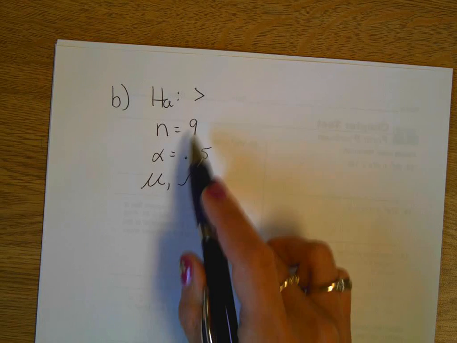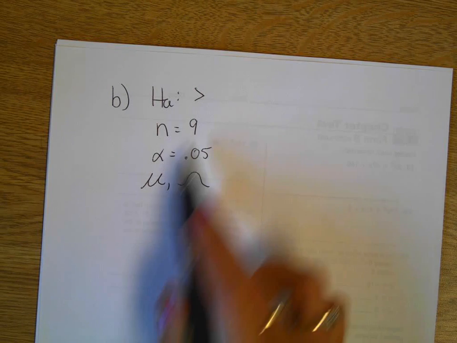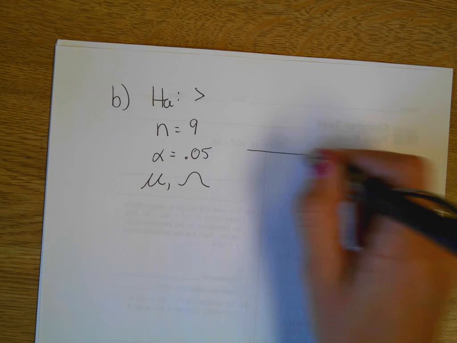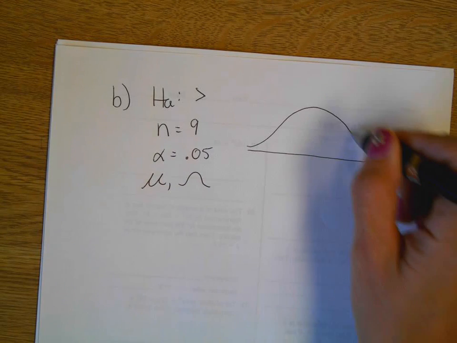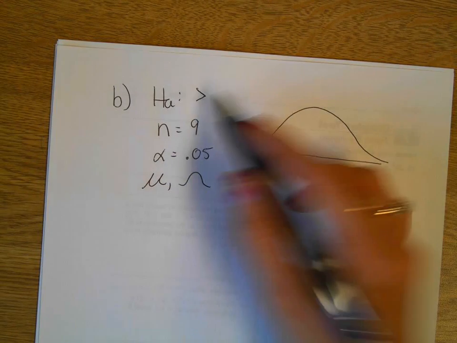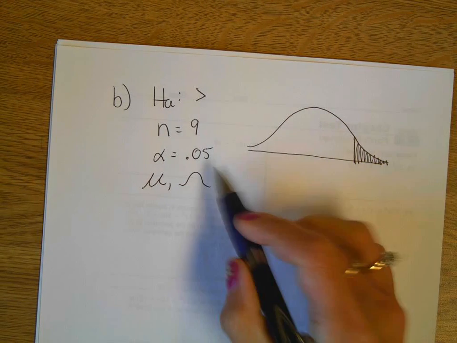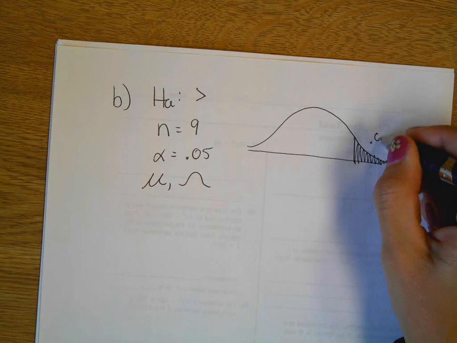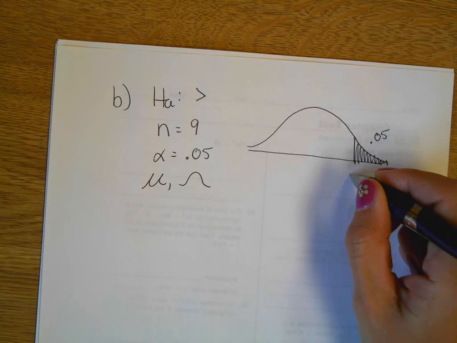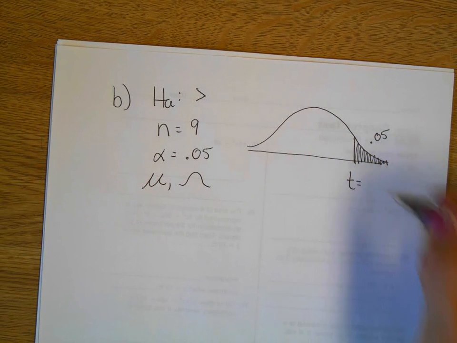So the mean, small sample, normal, those three things together tell us we're using the t-table. Greater than 5%. And we're looking for this critical t.